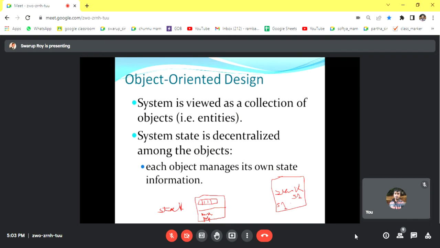They will use s1 via the push or pop operations. You cannot have direct access to that particular structure, which is why this is decentralized. You can't access any variable directly; it must be via a member function of that object. That is not there in function-oriented programming, where functions are open and can access any data structure with no restrictions. That's why people don't like function-oriented programming for larger systems.